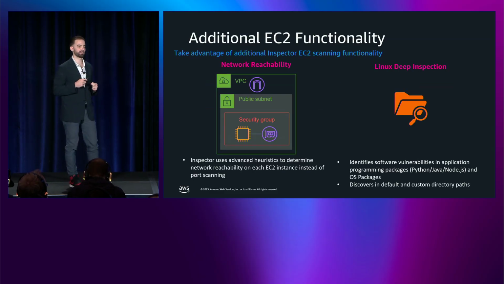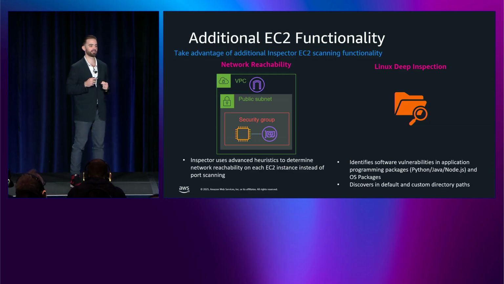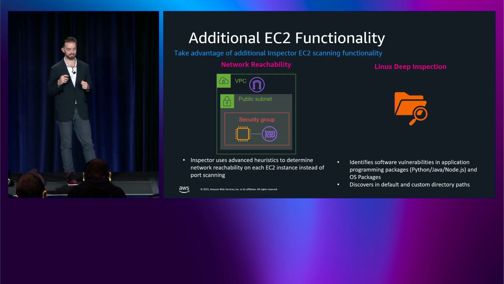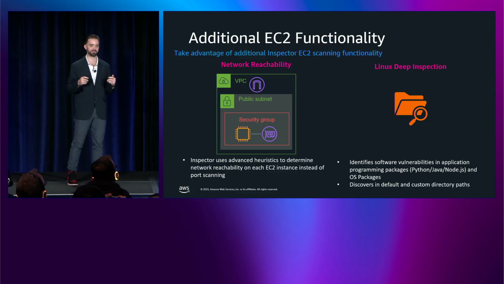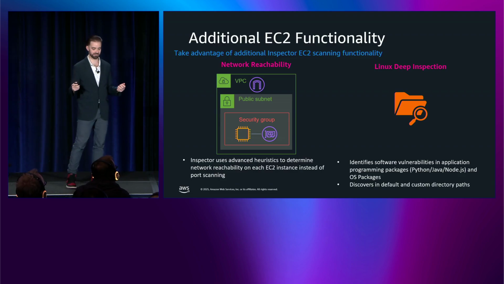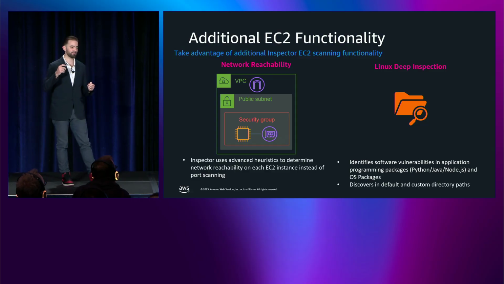I just want to touch on a couple other points about EC2 scanning for Inspector. The first is that Amazon Inspector has network reachability analysis, so it uses automated reasoning to actually determine whether or not a VM or an EC2 instance is reachable via the internet. This is an important indicator because that's going to help you prioritize those findings that are generated in Inspector.